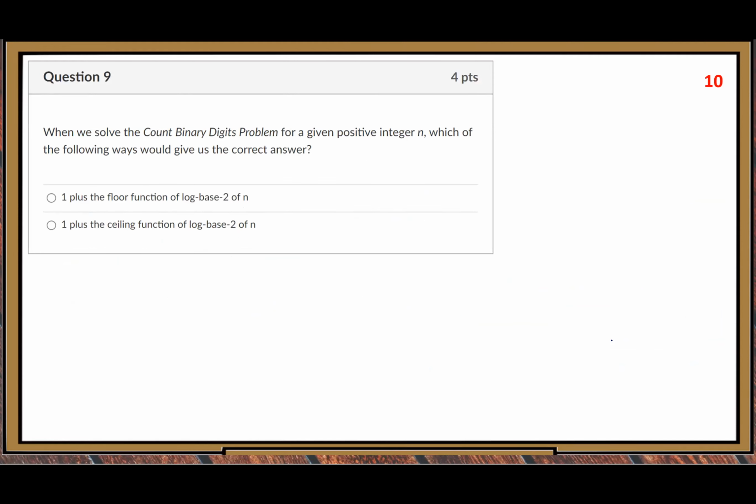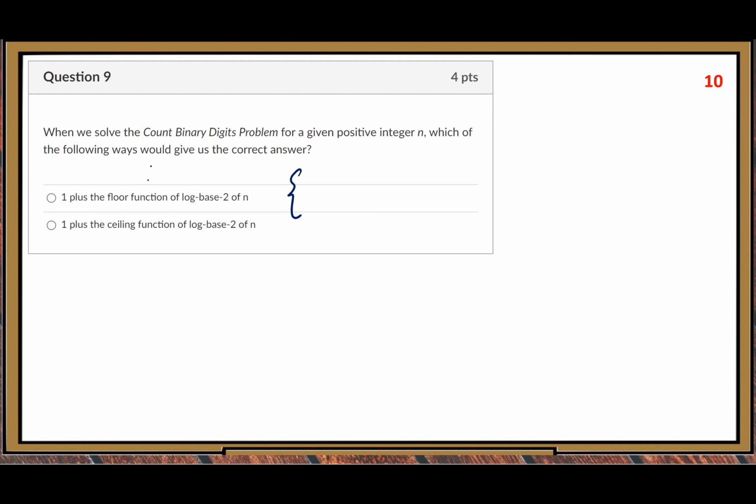Next question. When we solve the count-binary-digits problem for a given positive integer n, which of the following ways give us the correct answer? Floor function, ceiling function, right? Here, the formula. In the middle, we need to make a guess.